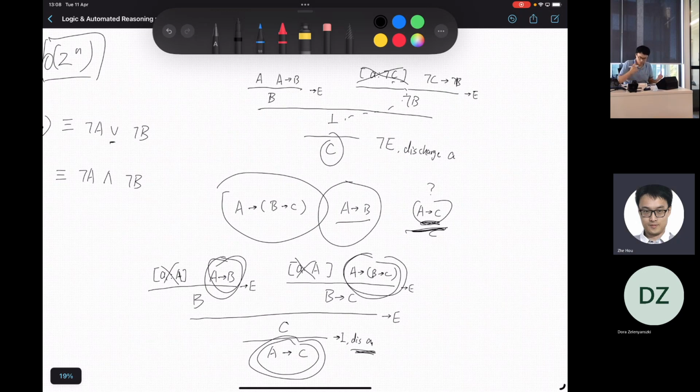So in other words, assuming something and wanting to prove something, that's a typical form of implication, right? So we can actually combine this whole thing into one formula, and that formula would be the first part conjunction with the second part implies the third part.